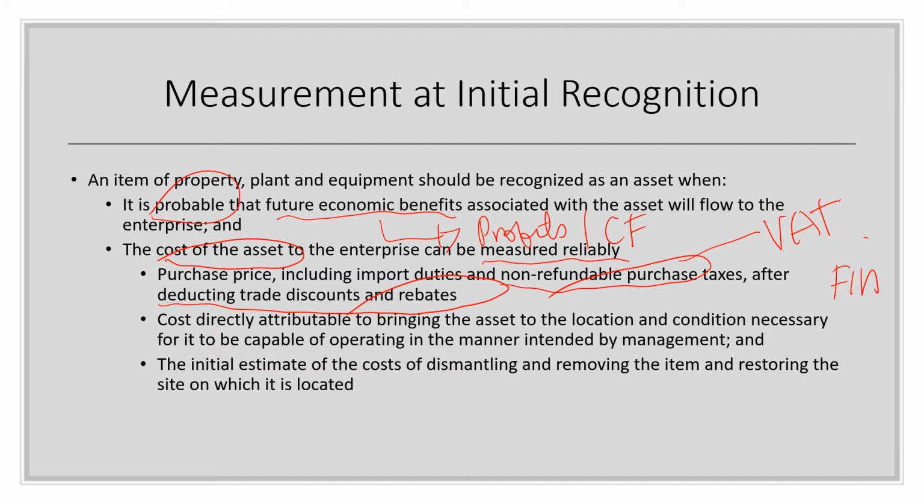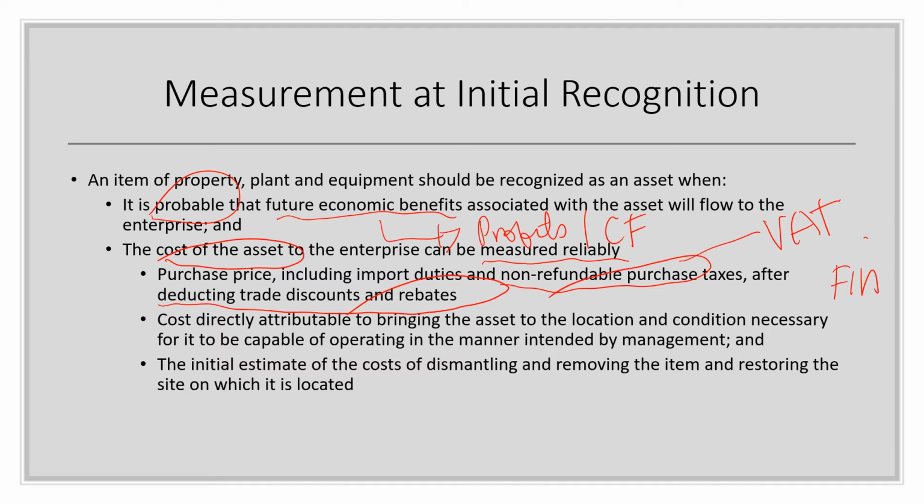Therefore, the transportation cost, if you pay for it, should be part of the cost of the asset. Another example is installation costs. There are some properties that you need to have installed, for example air conditioning. You cannot use the air conditioner without paying for the installation. So the installation is an incidental expense that should be part of the cost of your asset.